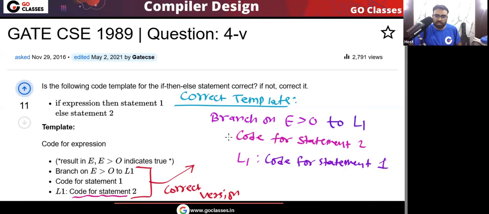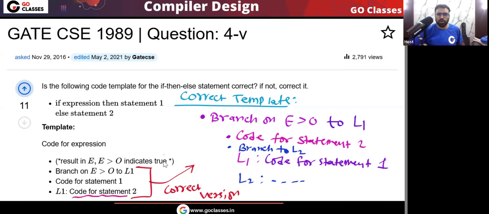After code for statement 2, remember, after executing statement 2, we cannot execute statement 1. So we also need to jump, or I can say branch, to L2. And this L2 is somewhere here.